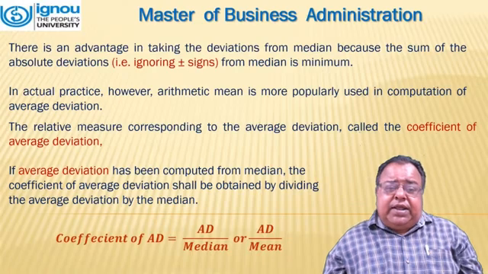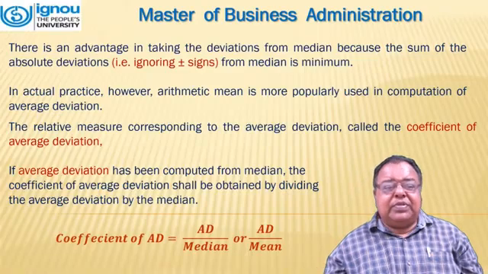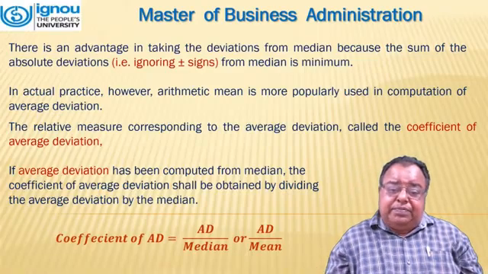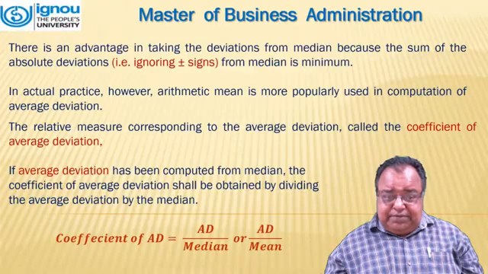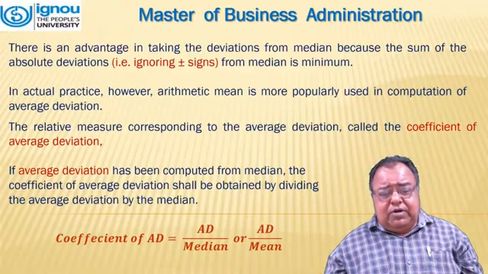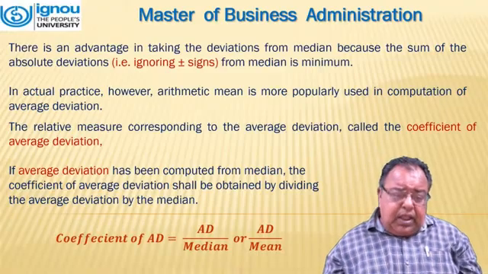There is an advantage in taking the deviations from median because the sum of the absolute deviation from median is minimum. In actual practice, however, arithmetic mean is more popularly used in computation of the average deviation. The relative measure corresponding to the average deviation is called the coefficient of average deviation.